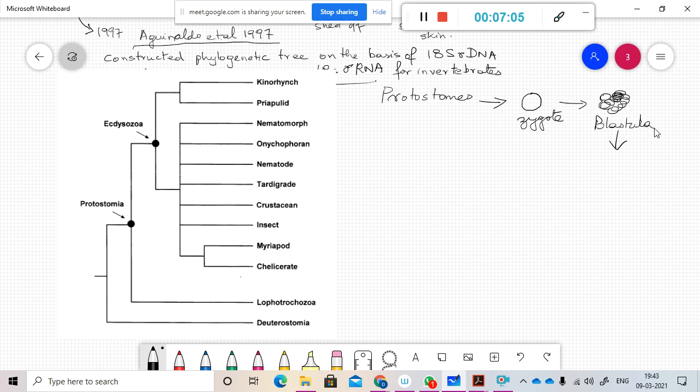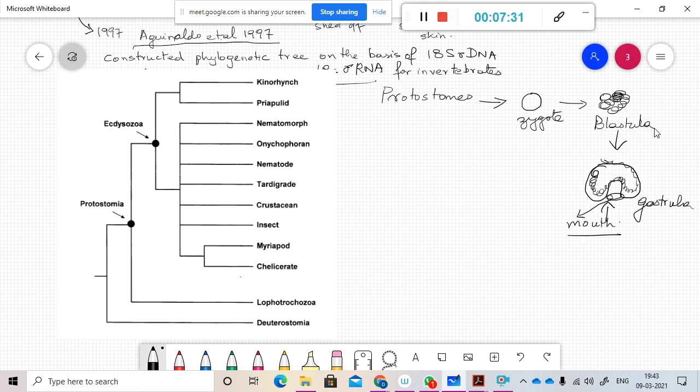The blastula then invaginates like this, and it forms a gastrula. This hole, this aperture, forms the mouth.